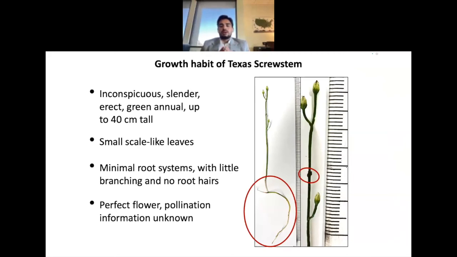So this is Bartonia paniculata, and our species of interest is subspecies texana. The difference between subspecies paniculata and subspecies texana is that this species does not open its flower completely, and it's very tightly packed, and its leaves are very small, very scale-like leaves.